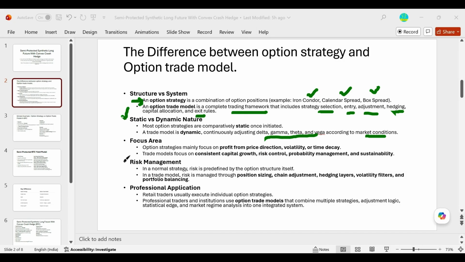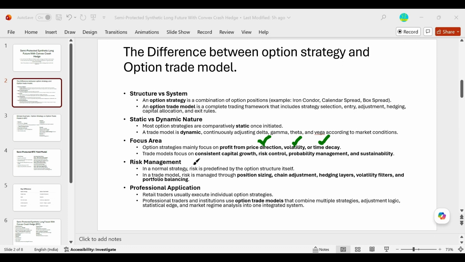Third is the focus area. What is your focus area in a strategy as compared to an option trade model? In a strategy, the focus is profit from price direction. Whenever you implement a strategy, you are saying the trend is up, down, or consolidating, so your aim is from direction, volatility, time decay.